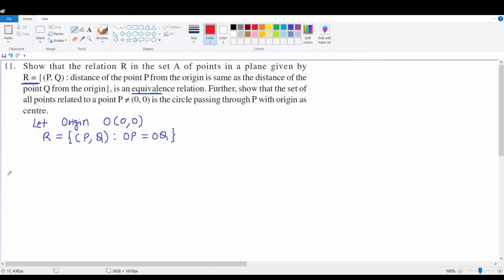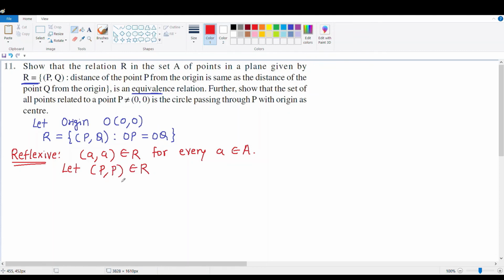We are going to start with reflexive. The definition of reflexive is that we need to show that (a, a) belongs to R for every a belongs to A. Now let (P, P) belong to R. That means we are taking a equals P, so we are saying that OP is equal to OP.